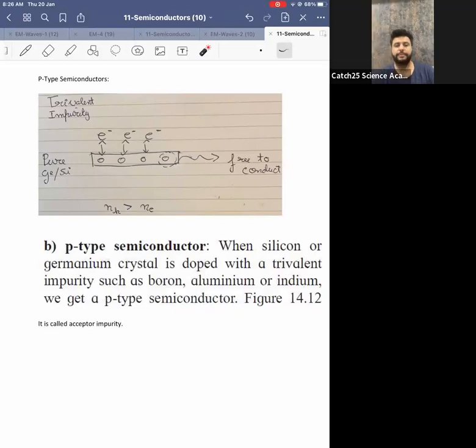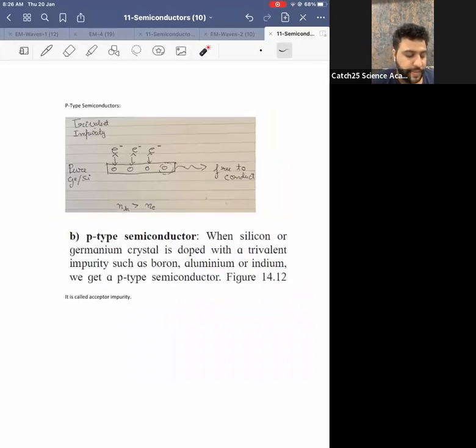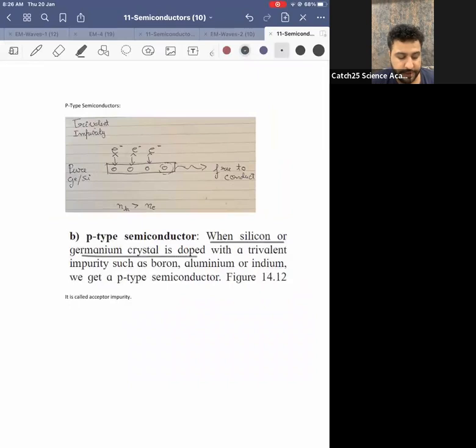Okay, now see below the diagram the definition of P-type semiconductor. When silicon or germanium crystal is doped with trivalent impurity, such as boron, aluminium, indium, we can remember it as Bi.